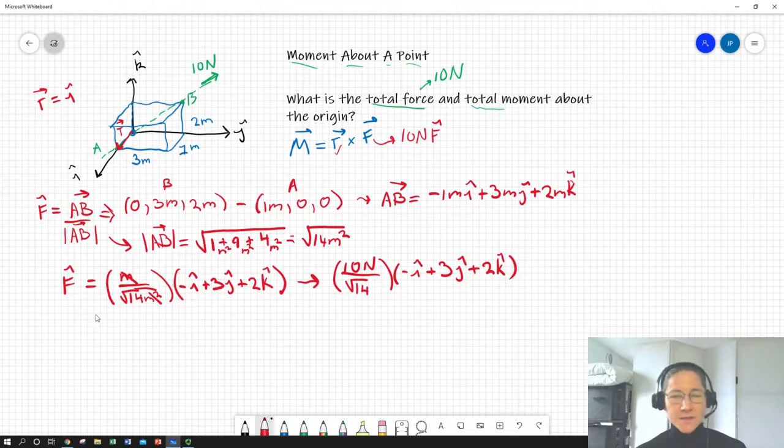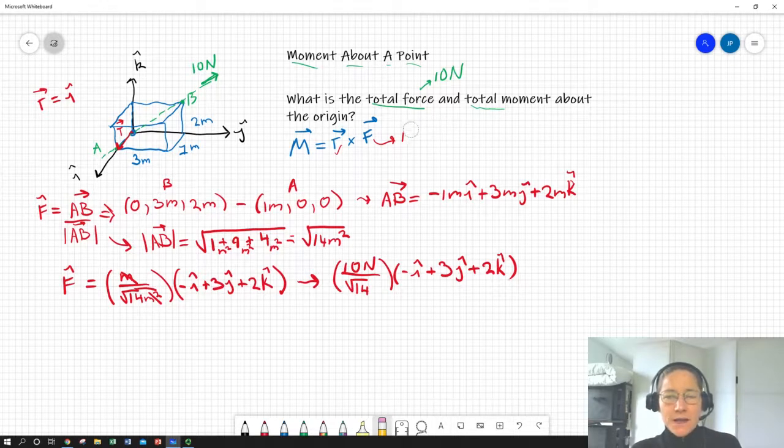Okay, so now I have the task of calculating the actual cross product, and that's something that we haven't gone through yet, how to do that. So I'm going to give myself a little bit of space here and rewrite some stuff.